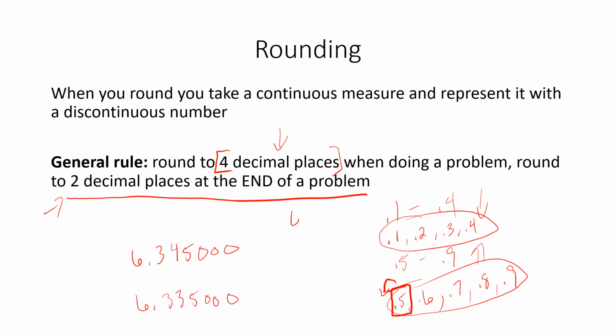If you've got 6.3451, that one will get rounded up because it's above exactly 0.5. Just like if it was 6.3449, it would get rounded down. But ignoring that, just looking at the cases where it's 5 with zeros after it, now we're going to round this to 2 decimal places.